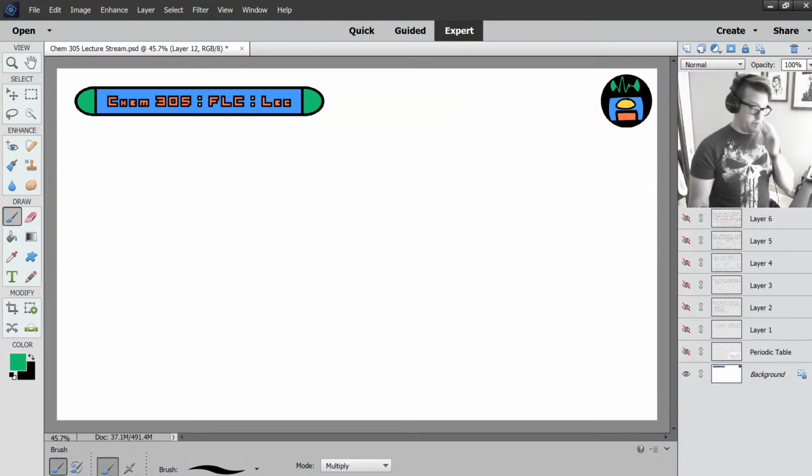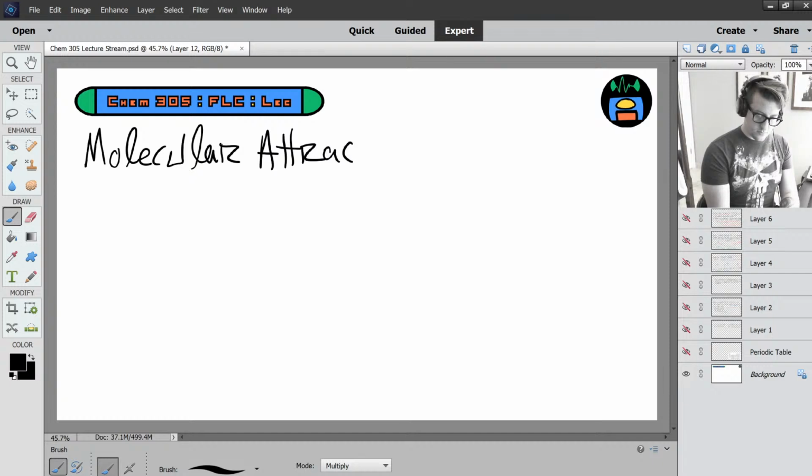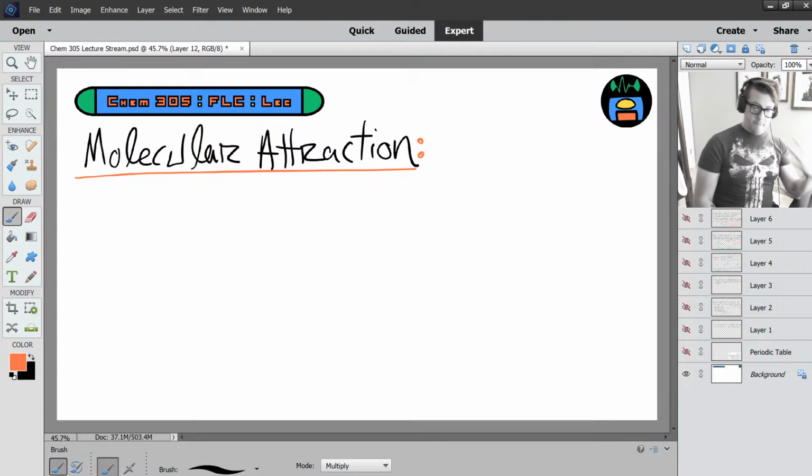All right? Now, here's why this is important. Whether or not a molecule is polar or nonpolar governs molecular attraction. What molecules are attracted to what other molecules? All right, molecular attraction is ruled by the following maxim.